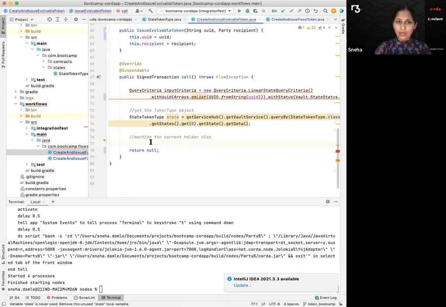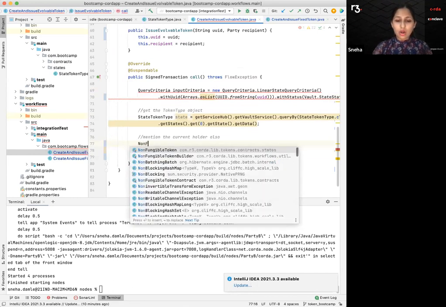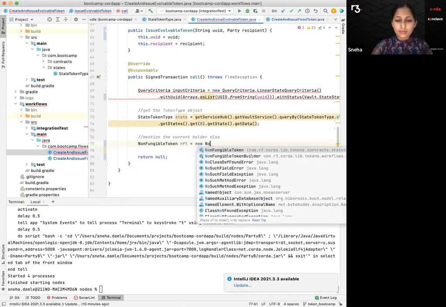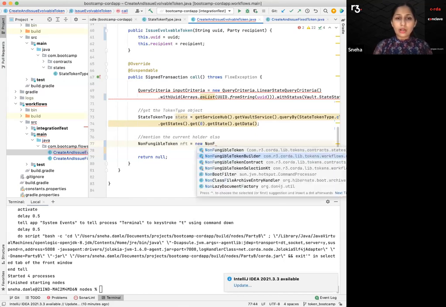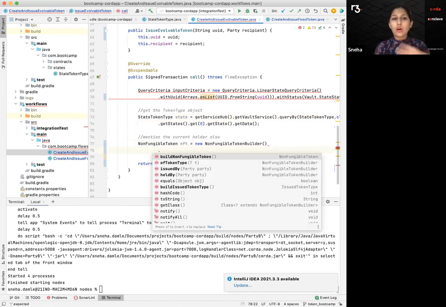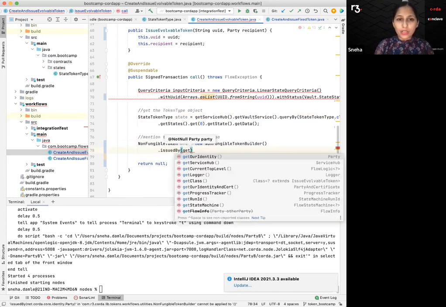And once you have the state, you simply use the non-fungible token builder class, which can be used to get an instance of a non-fungible token. As I mentioned, you always need to specify who the issuer will be for this particular token.